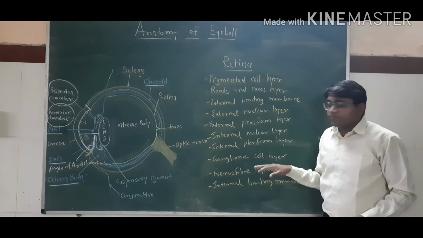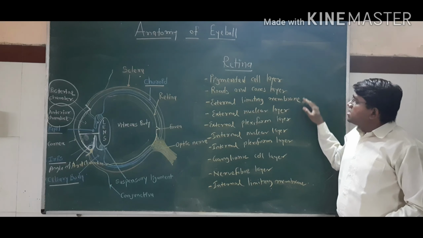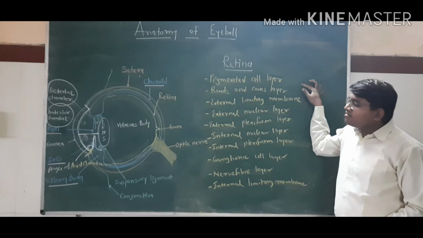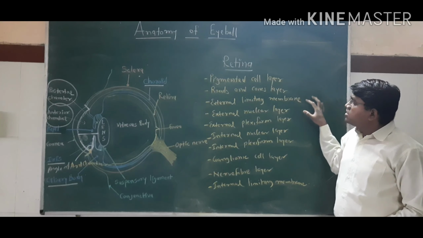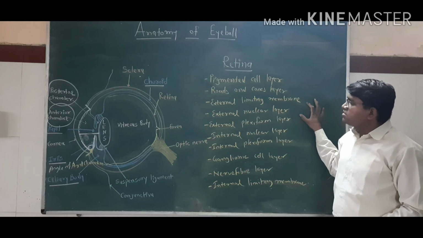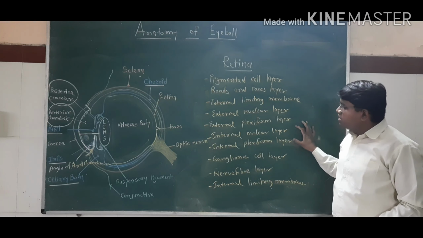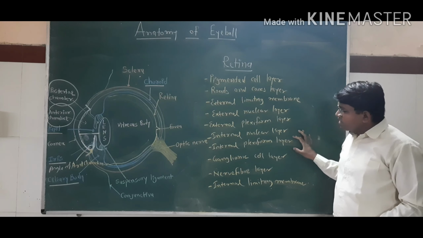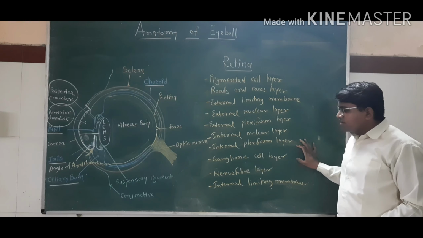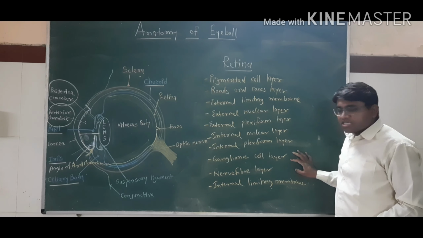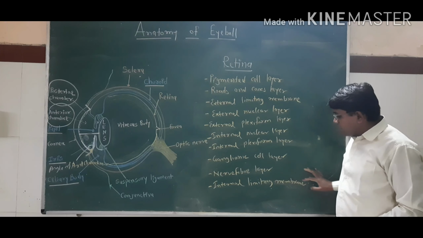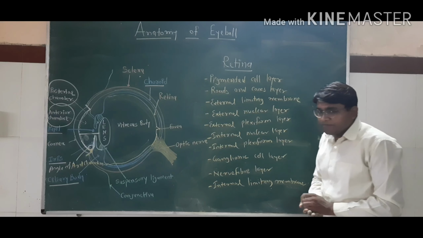Okay, so we have to remember these names: pigmented cell layer, rods and cones layer, external limiting membrane, external nuclear, external plexiform, internal nuclear, internal plexiform, ganglionic cell layer, nerve fiber layer, and the internal limiting membrane.